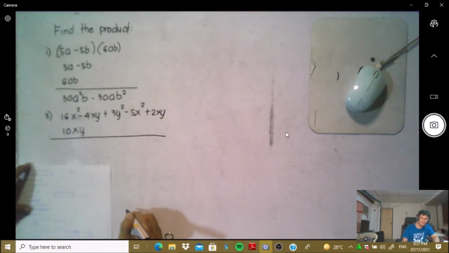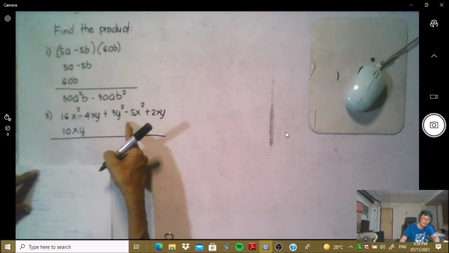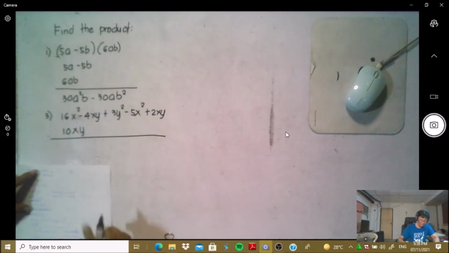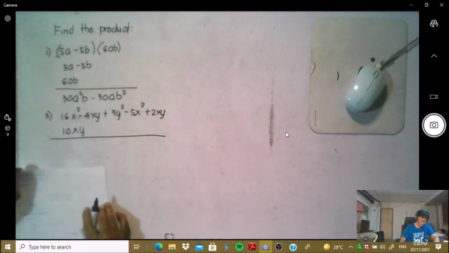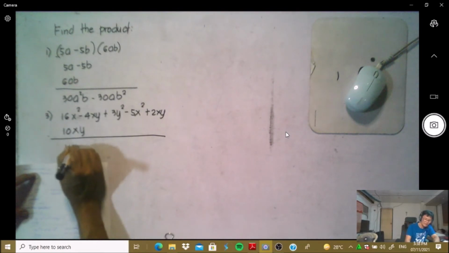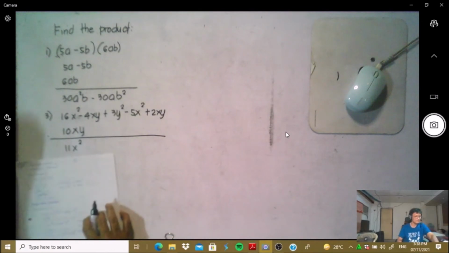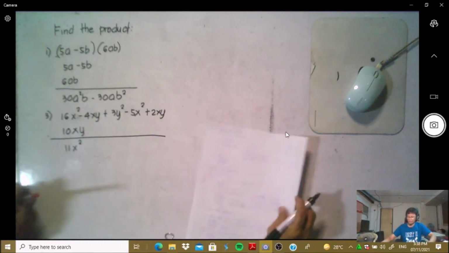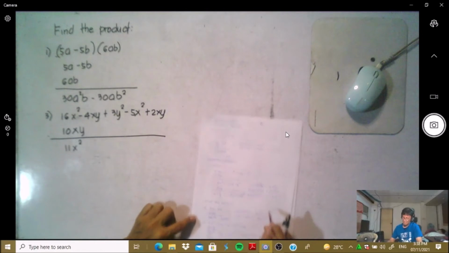So let us rearrange. We will start with x squared. So we have 16 minus 5 will be 11.